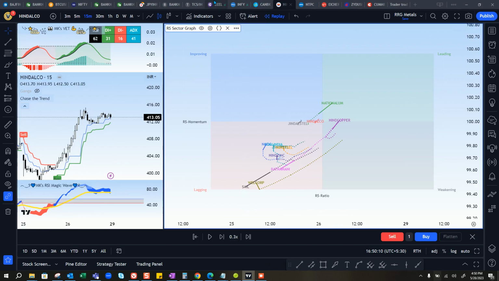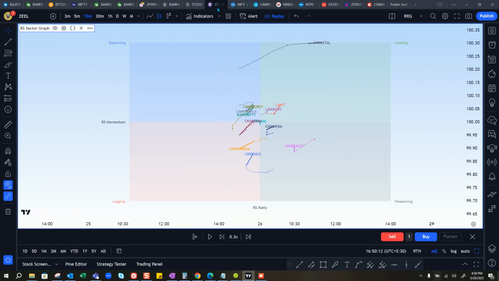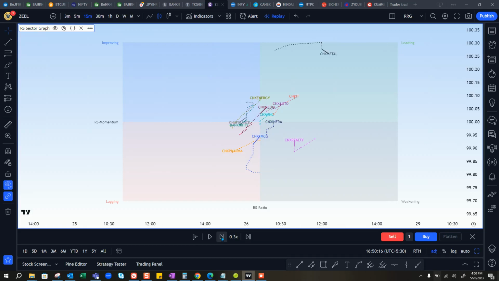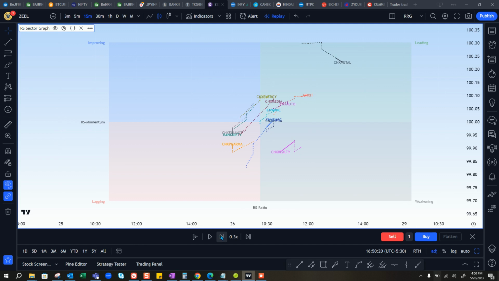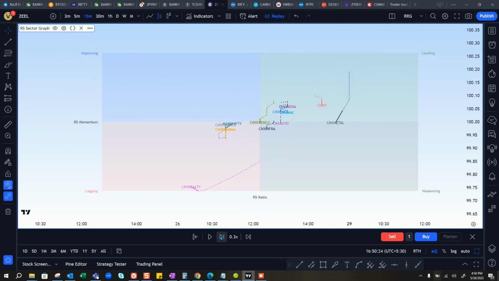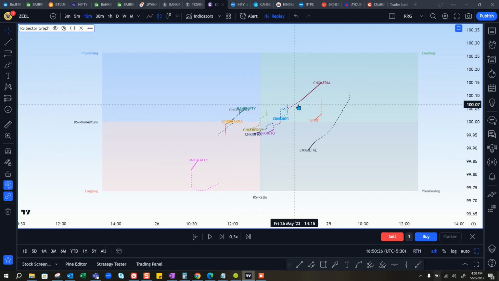I can go back and play it completely to show you. You see metal is there, IT is there. Right now these two sectors are there. I just play so that now media is also coming in somewhere in the afternoon.